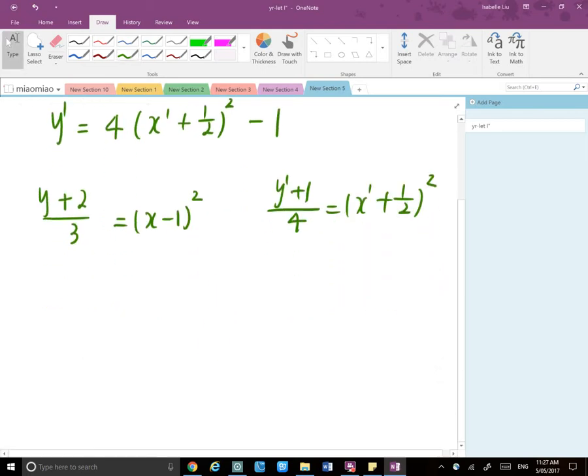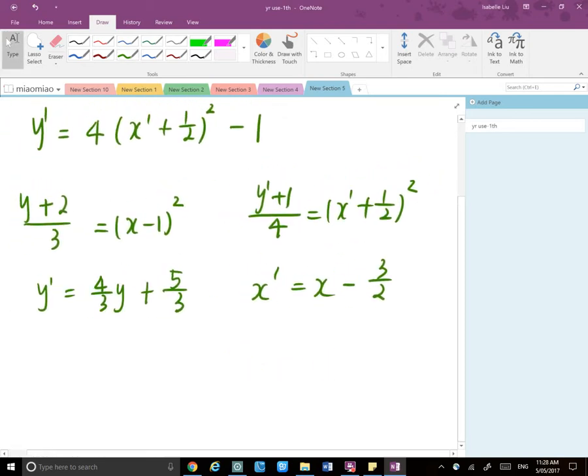After I rearrange everything, y dash equals 4 on 3 y plus 5 on 3, and x dash equals x minus 3 over 2. That's what we have done. So I don't care about the translation, but it's dilated by a factor of 4 on 3 from the x-axis.